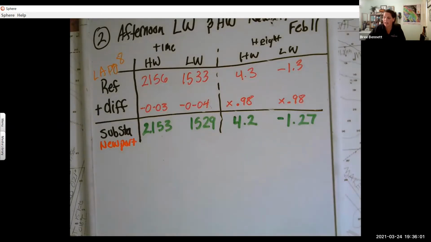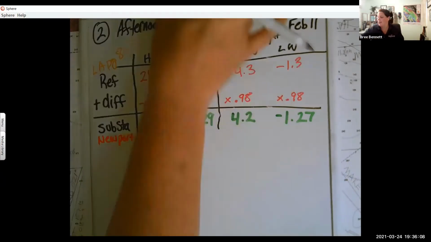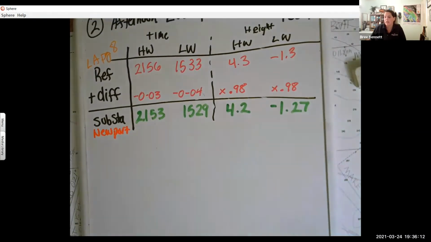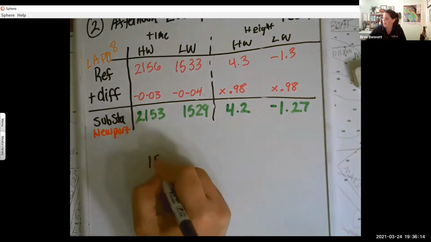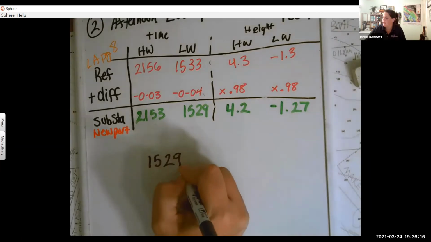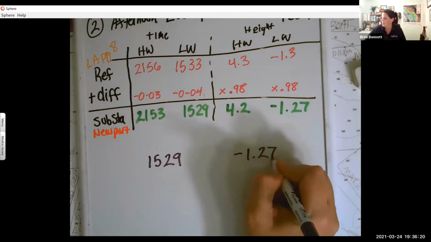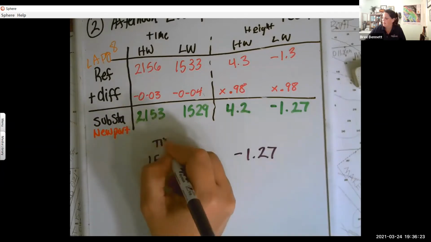So then I like to rewrite it again in case we go to table 3 in chronological order. So I can say, okay, at 1529, the tide was negative 1.27. This is my time.